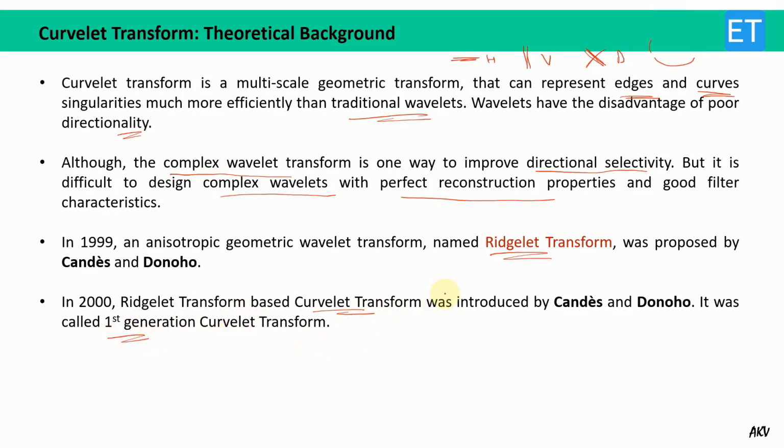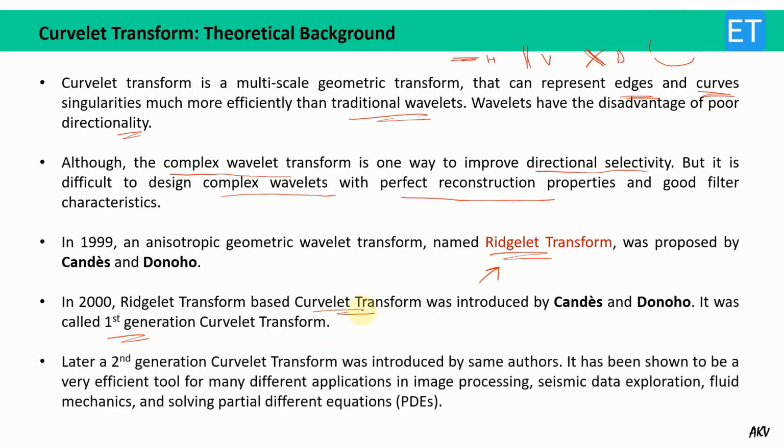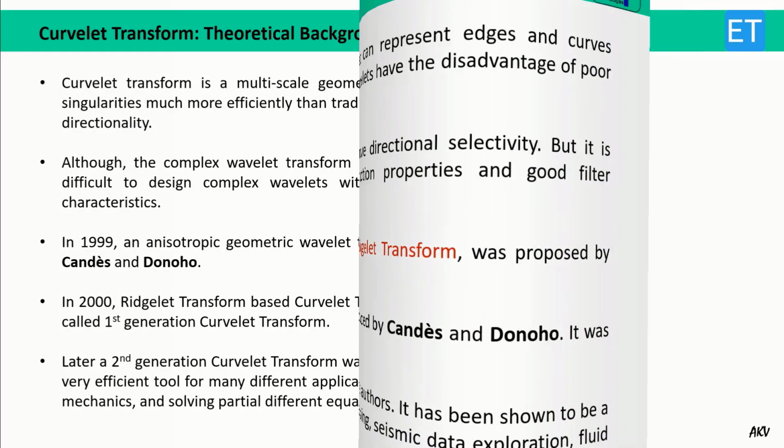Later, the second generation Curvelet transform was also introduced by the same authors. That was an improved version of the first generation, and it has been shown to be a very efficient tool for many different applications, such as image processing, seismic data exploration, fluid mechanics, and solving PDEs, that means partial differential equations.